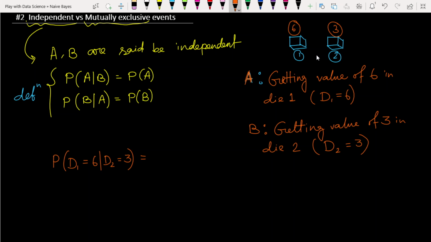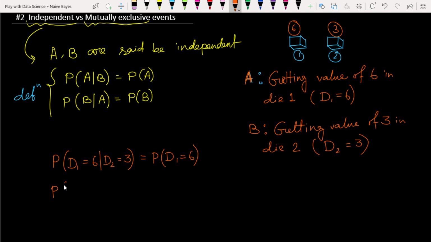If we throw the two dice in parallel, the value of A occurs independently. The probability does not depend on event B, that is, on what value occurred on die 2. No matter what value we got on die 2, it is totally independent. So the probability that d1 equals 6 is simply its own probability, because these two events are totally independent.